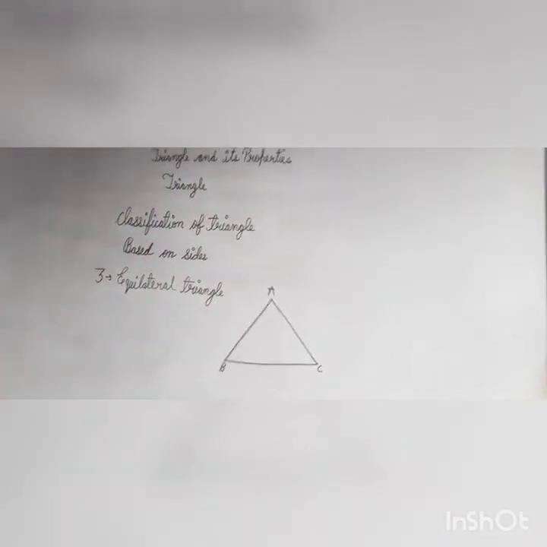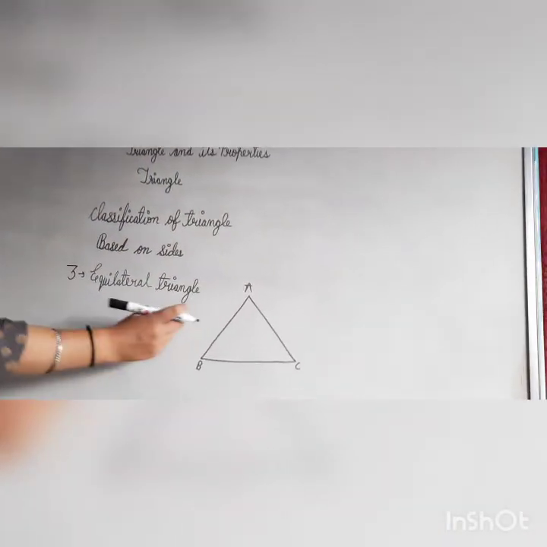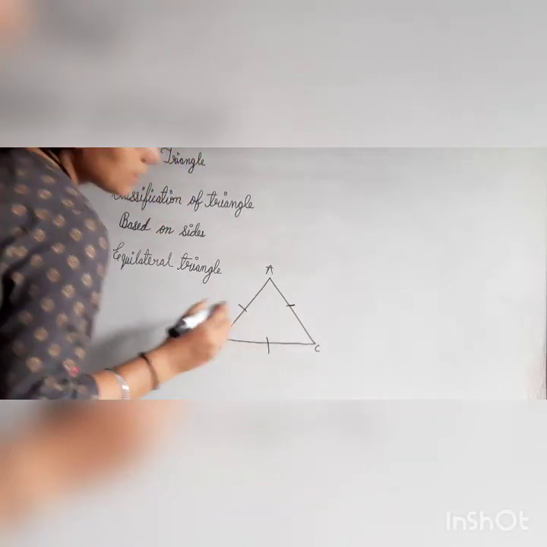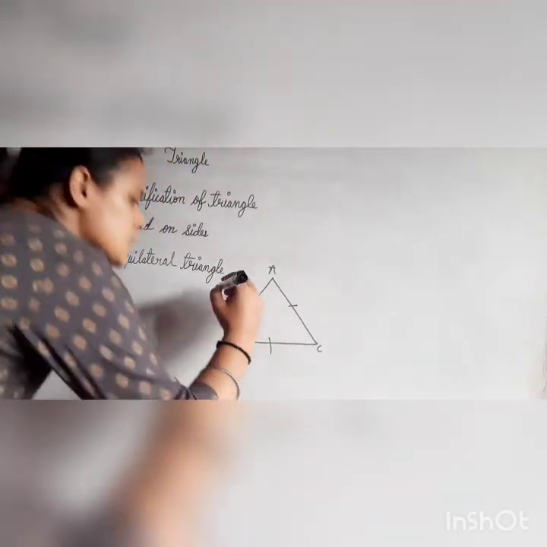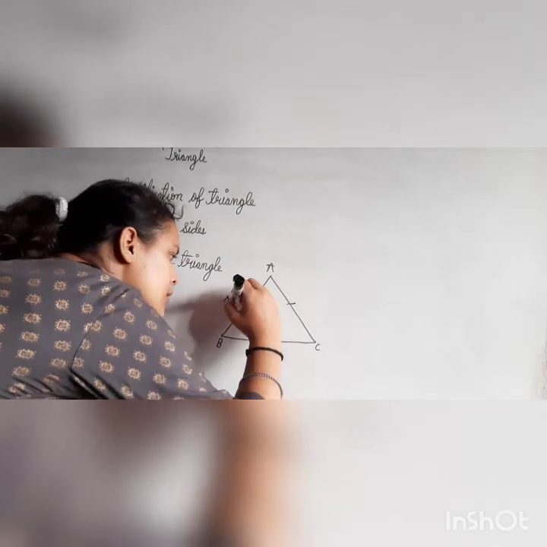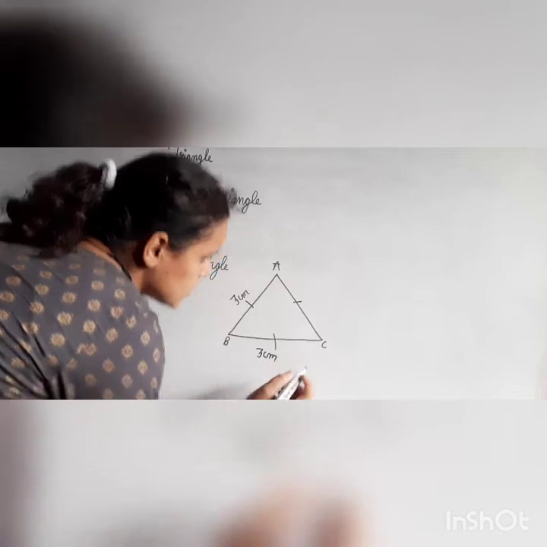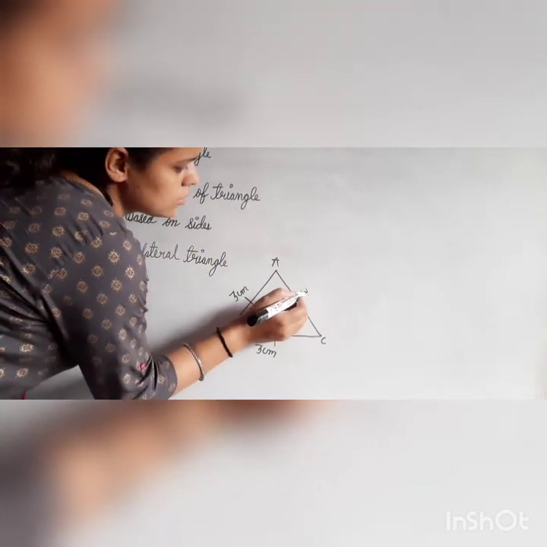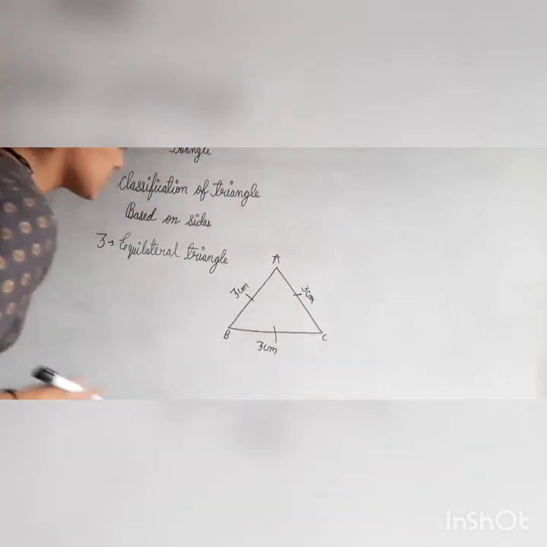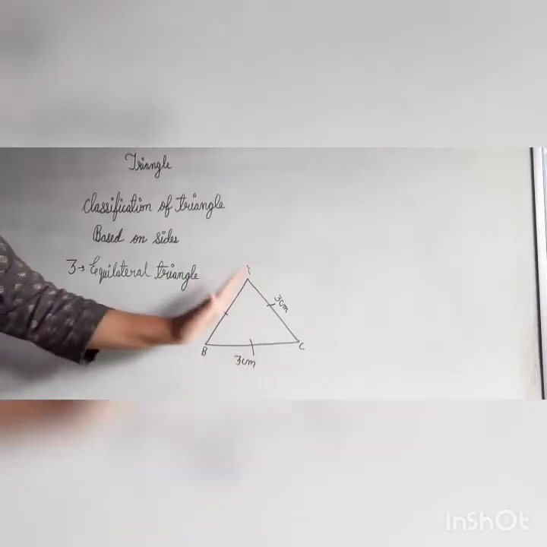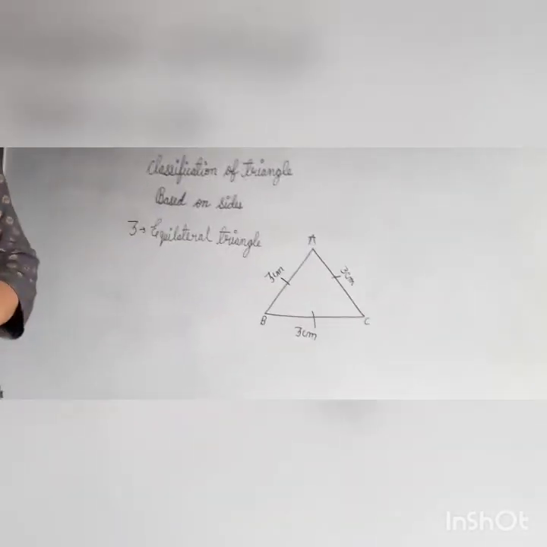In an equilateral triangle, all the sides have equal length. If AB is 3 centimeter, it means that BC is also 3 centimeter and AC is also 3 centimeter. Okay class, in an equilateral triangle, all the sides have equal length.